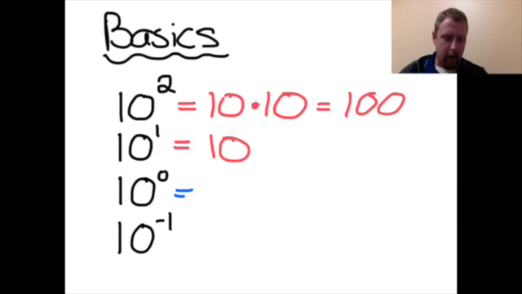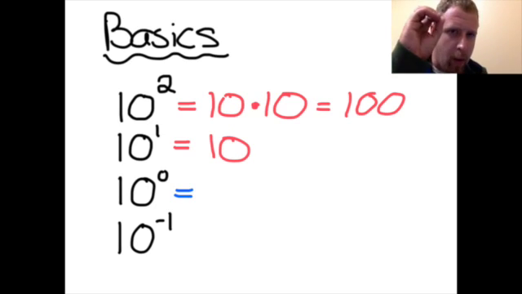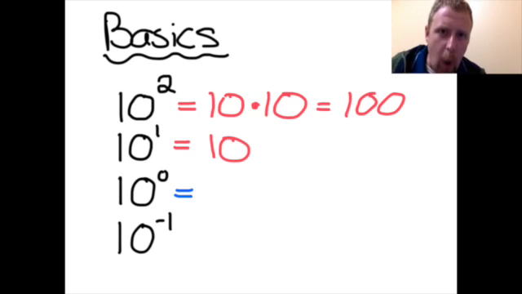I'm going to write this in a different color. Anything raised to the 0 power. Anything. 7 raised to the 0 power. 6 raised to the 0 power. 5 raised to the 0 power. 1 million raised to the 0 power is always going to yield an answer of 1.